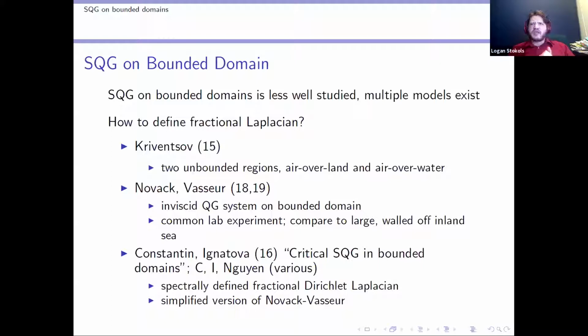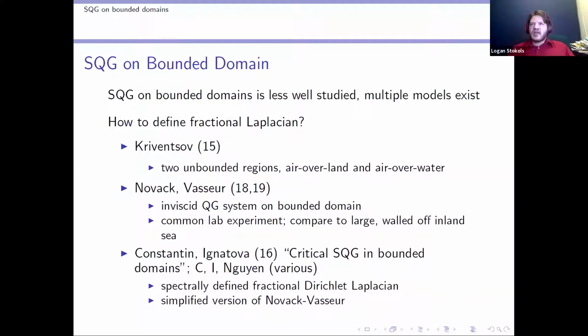In that scenario, they rederived the quasi-geostrophic equation, starting with Navier-Stokes with the Coriolis force, and worked out what the correct model is. They were able to show existence and some regularity results. The boundary conditions that they derive are fairly rigorous in terms of starting from the physics, but they're very complicated.